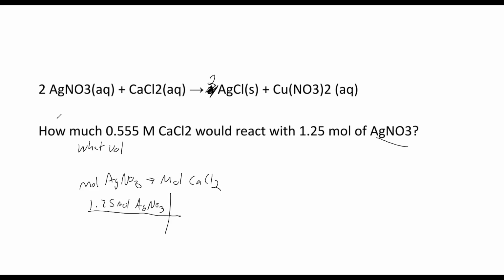Stoichiometry: for every 2 moles of silver nitrate, I have 1 mole calcium chloride. So this is 0.625 moles of calcium chloride reacts with that much silver nitrate.